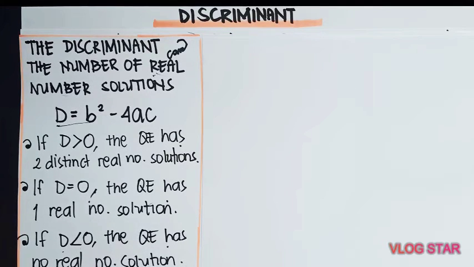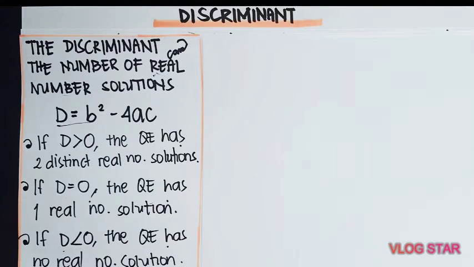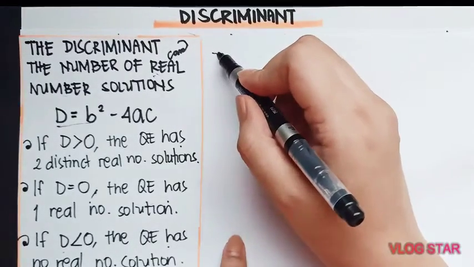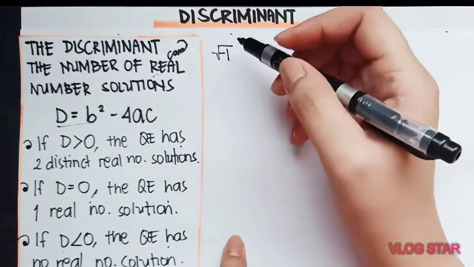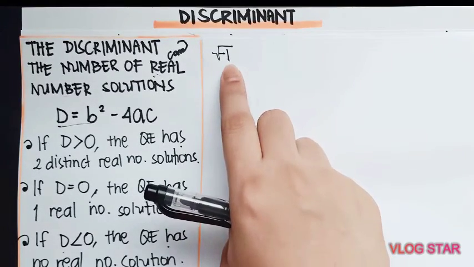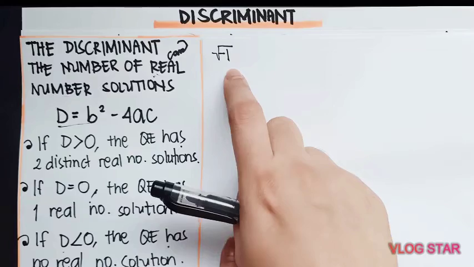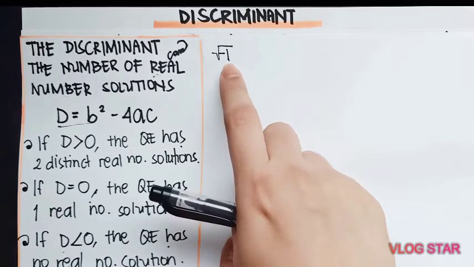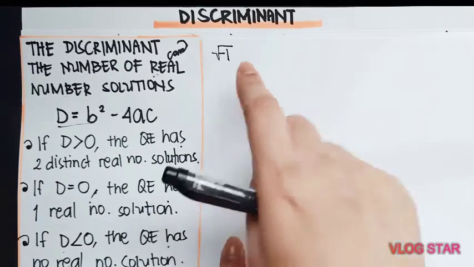So what are these not real numbers? These are the negative numbers that are inside a radical sign. An example of this is the square root of -1. So this is an example of a not real number.